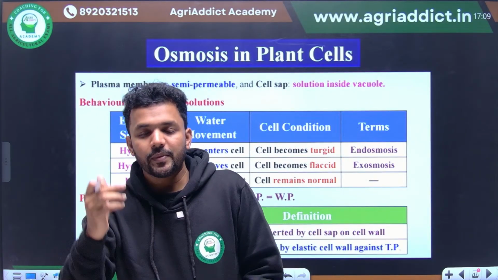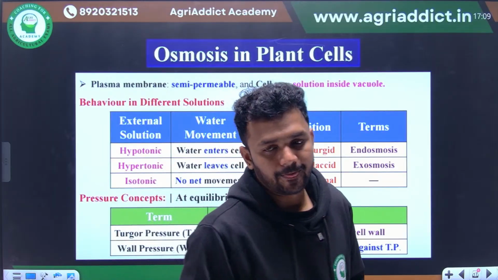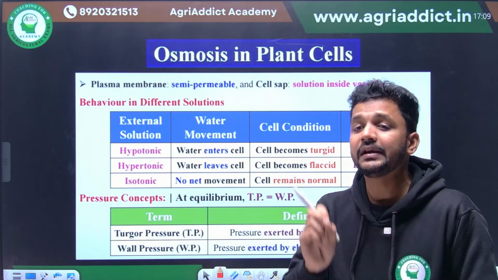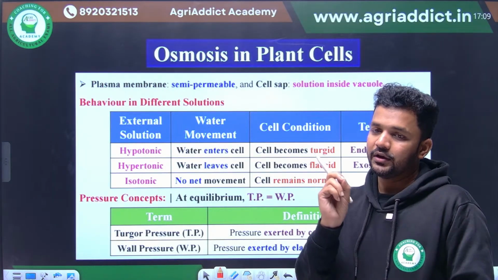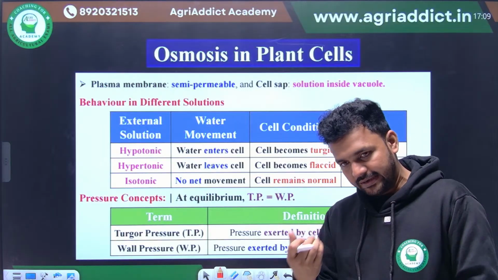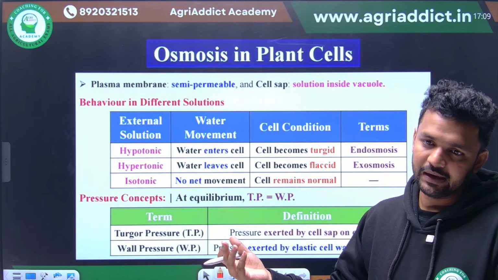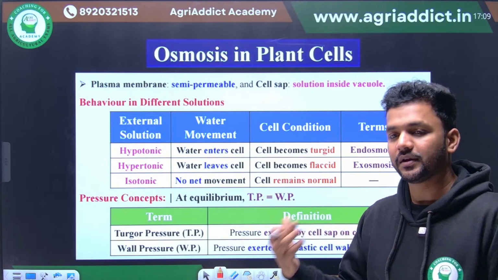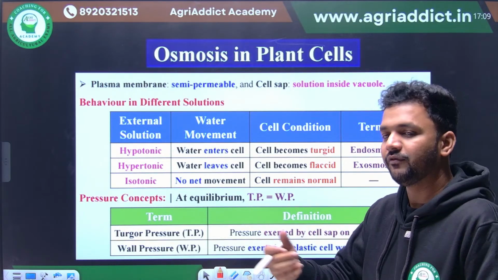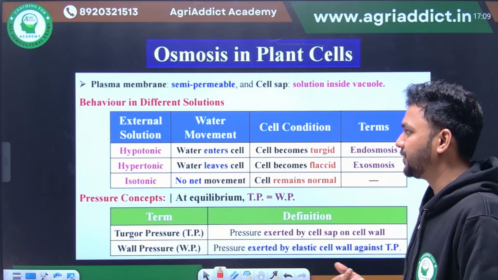The function of the semi-permeable membrane is played by the plasma membrane in the plant cell. It is selectively permeable: it allows only some solutes or solvent to enter, and checks the outward movement. It will not allow almost all solutes or solvent to pass through.